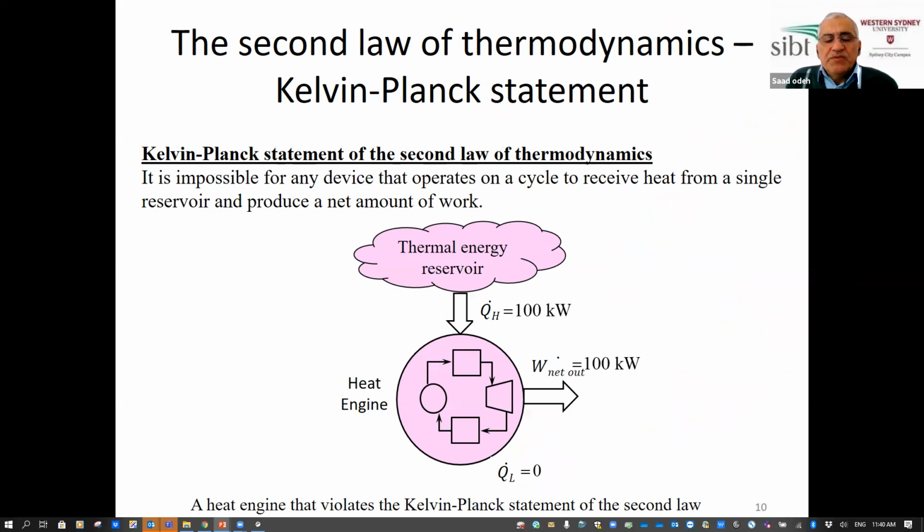Now, from these definitions, we end up with what the second law of thermodynamics states. It is what we call the Kelvin-Planck statement. So we mentioned this, but we need to repeat it again now and put it in a statement.